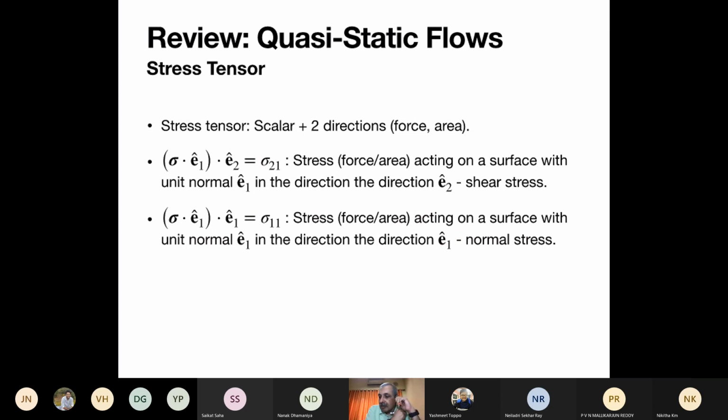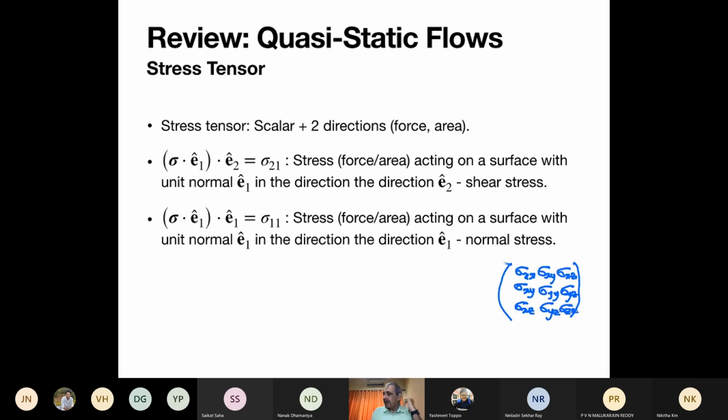So if you are given a stress tensor, in general, this will be a matrix of some kind, and 1 could be X, 2 could be Y, 3 could be Z. So in general, you'll have a matrix something like this, with sigma yx, which is the same as xy, sigma yy, sigma yz, then sigma xz, sigma yz, and sigma zz.